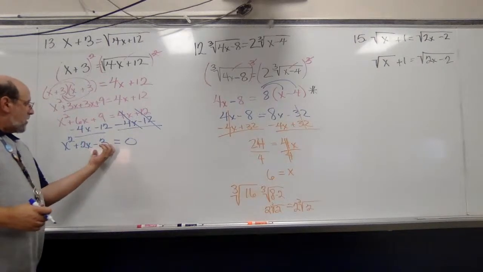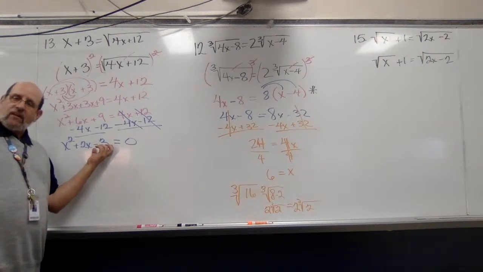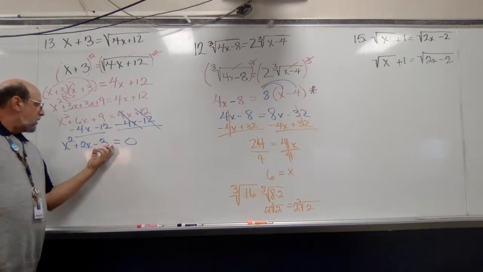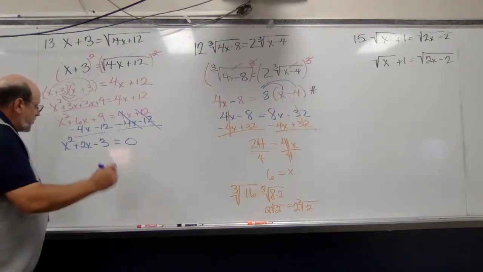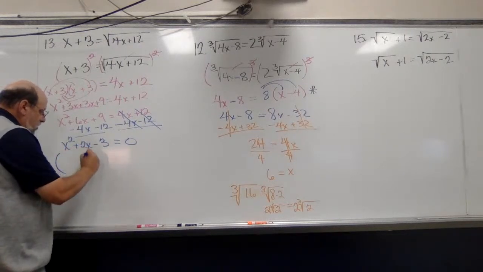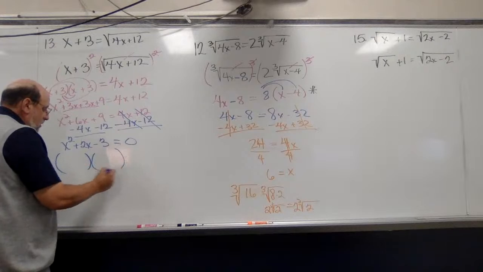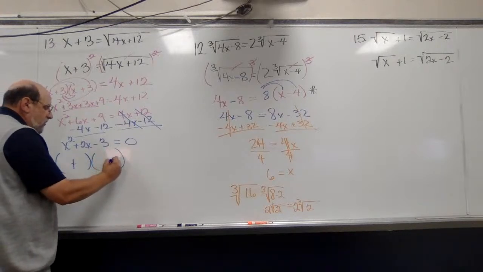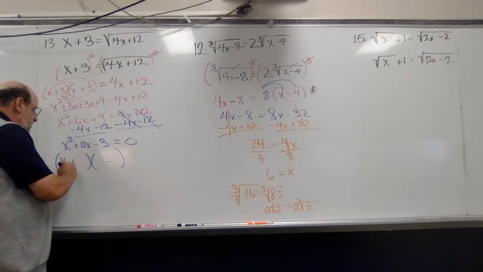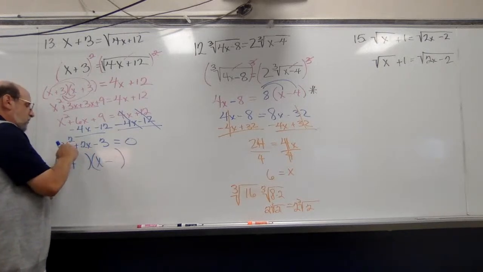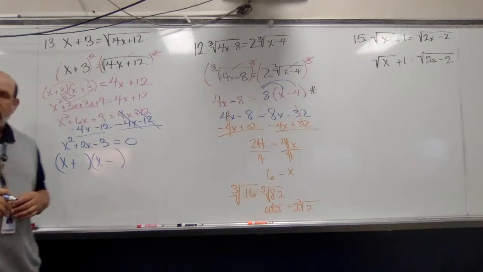What two factors of negative 3 can I add together to get positive 2? So one of these is going to be positive and one of these is going to be negative, or else I couldn't have a negative here. I have x times x, because that's how I got x squared.